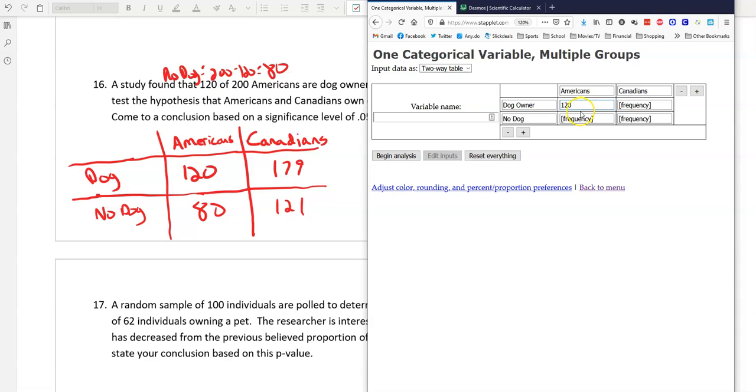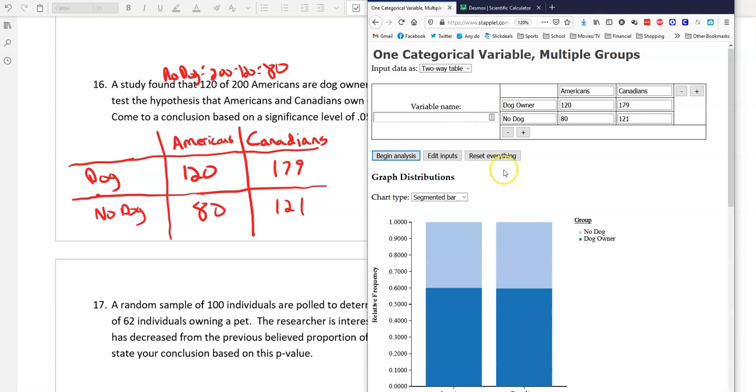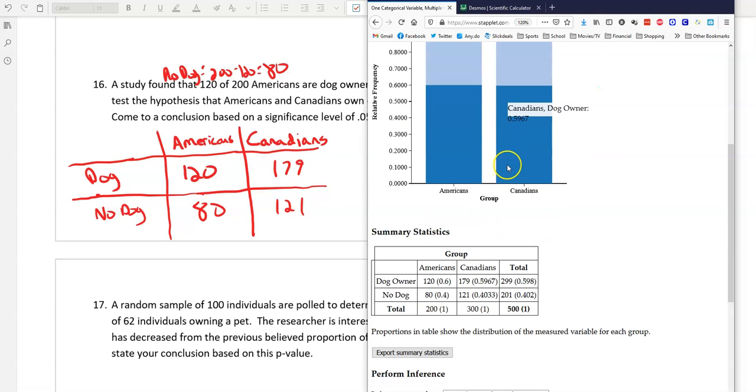So it'd be 120 and 80. And then it would be 179 Canadians were dog owners, 121 were not. As you can see, that's 200 and 300 right there.